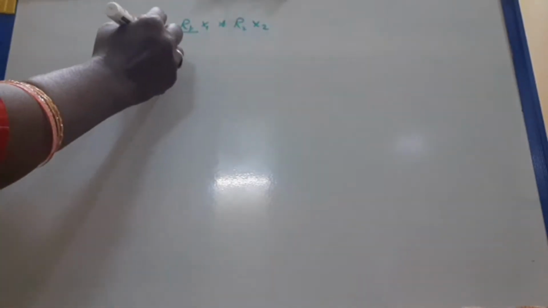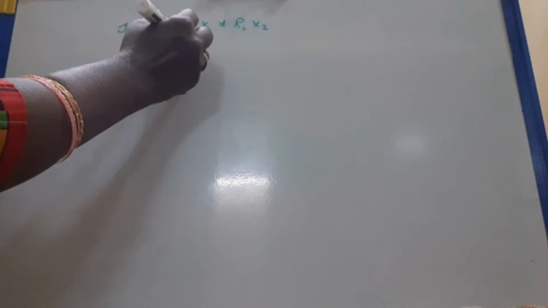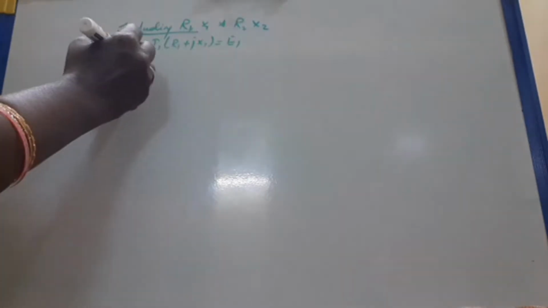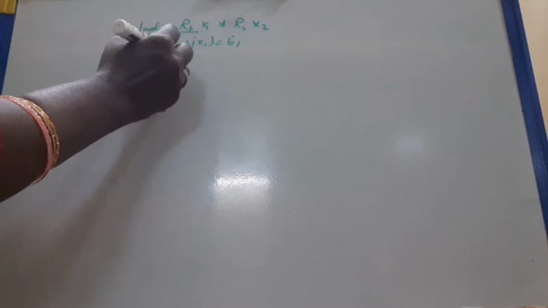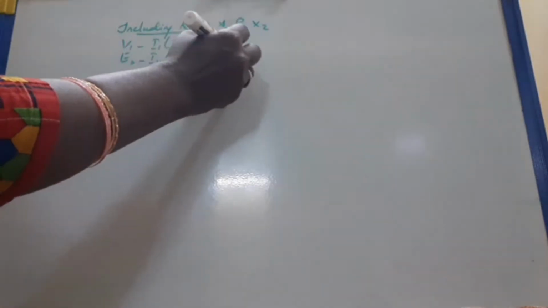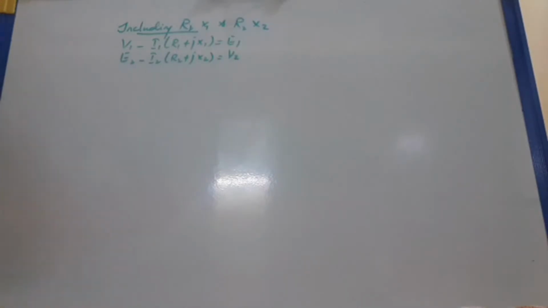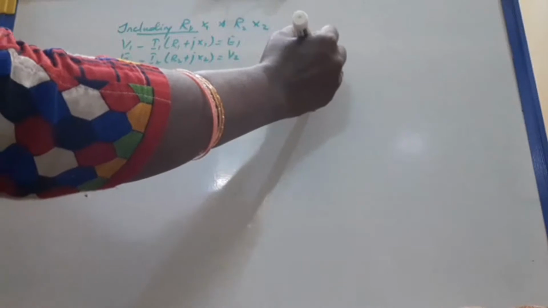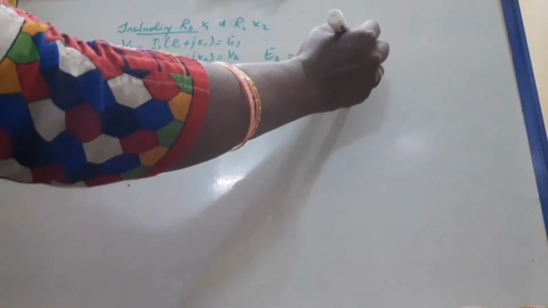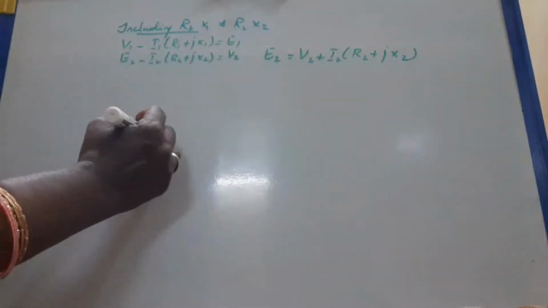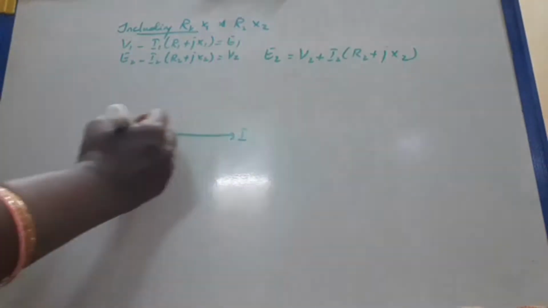So V1 equals E1 minus I1 times R1 plus jX1. V2 equals E2 minus I2 times R2 plus jX2. Or we can write E1 equal to V1 plus I1 into R1 plus jX1, because you have to take I as the reference.